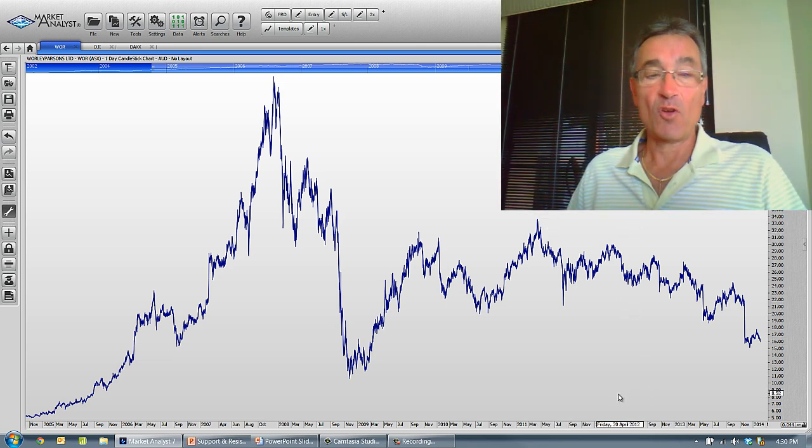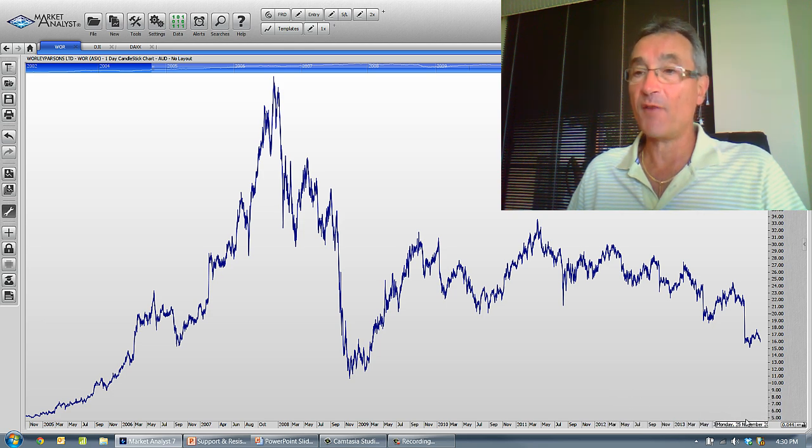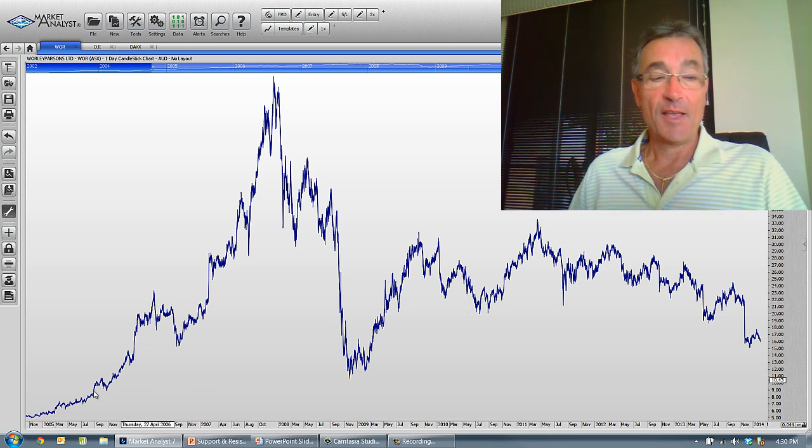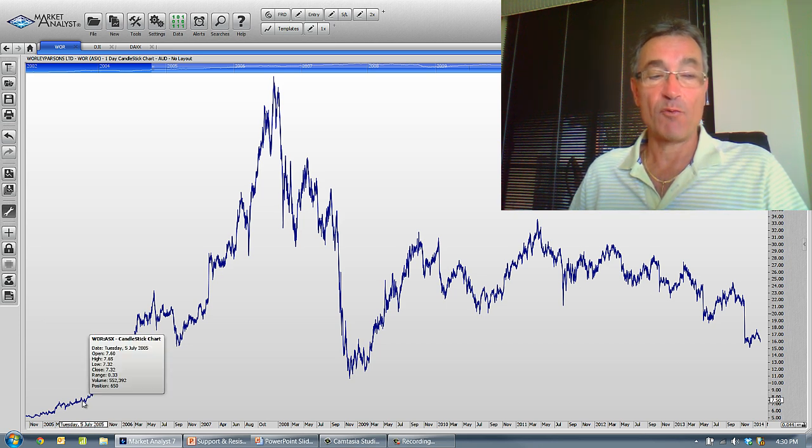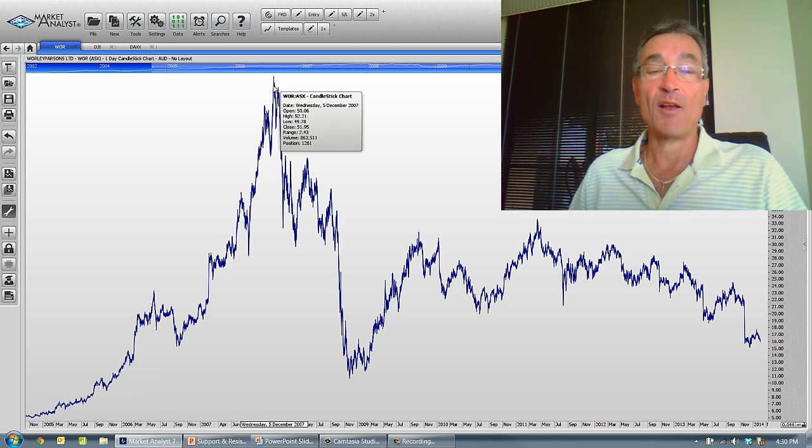And if you have a look on the right-hand side, the scale there runs from around $5 at the low to a peak of about $54 if you can't quite see it clearly. Now the stock ramped up to an extraordinary level from 2005 through to a peak right at the end of 2007.